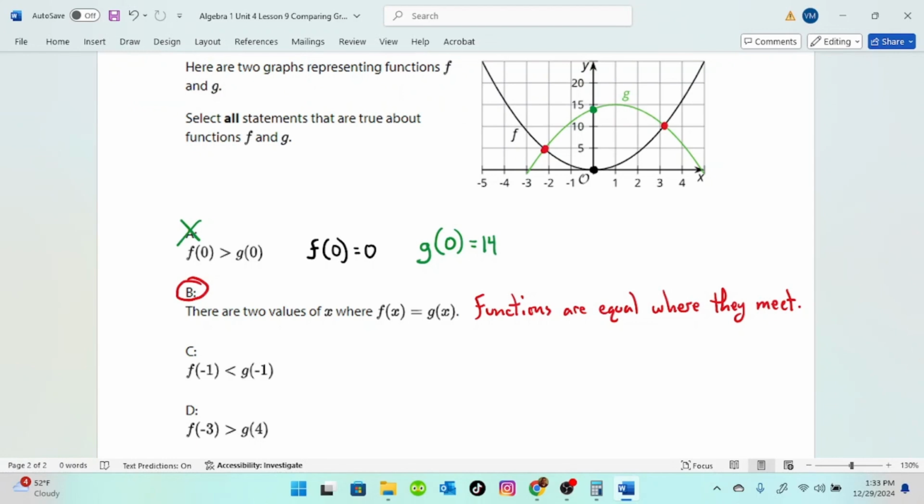Choice C. F of negative 1 is less than g of negative 1. So if I want f of negative 1, I go to where x is negative 1, and I find that y value, which looks to be approximately 1.